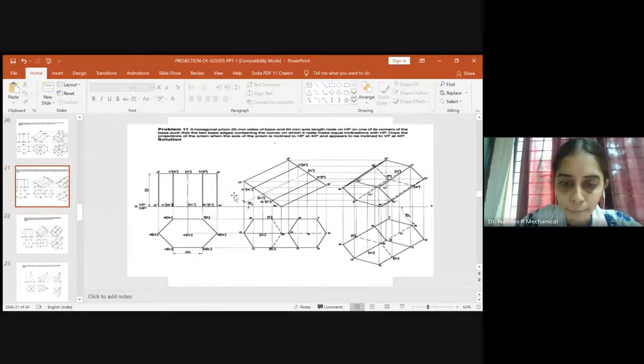So what you do is, you leave some space here and then just don't draw a thin line as an axis line. Directly take the center line pattern and take 40 degree to HP. So once you take 40 degree to HP, what is our next step? We have to shift the front view, which was in vertical upright position, to the inclined position of HP.